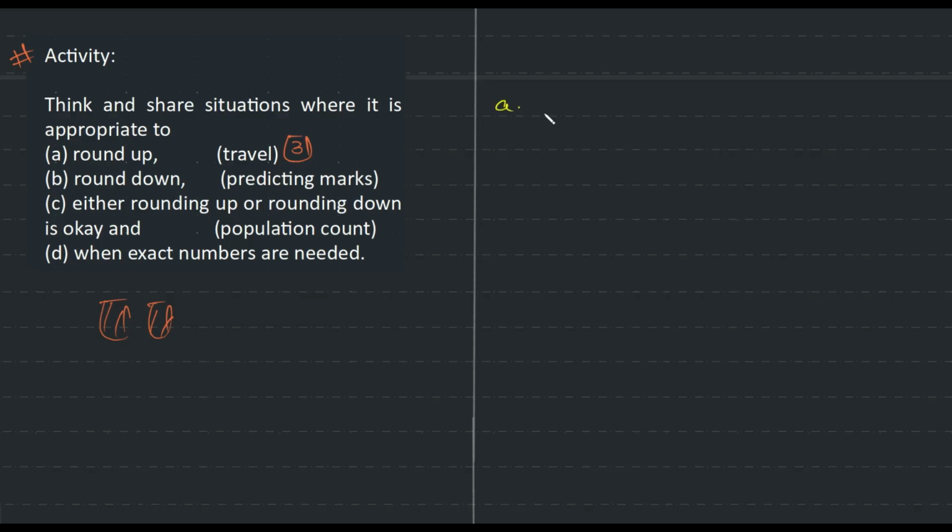Okay, so rounding up, what I'm thinking is, actually even I'm getting the same thing again. When we are traveling, distance, time, when we are going to shop, those are the examples I already gave. When should we round up? I guess marks. Actually, for marks, rounding down is better if we get better than whatever we estimate.